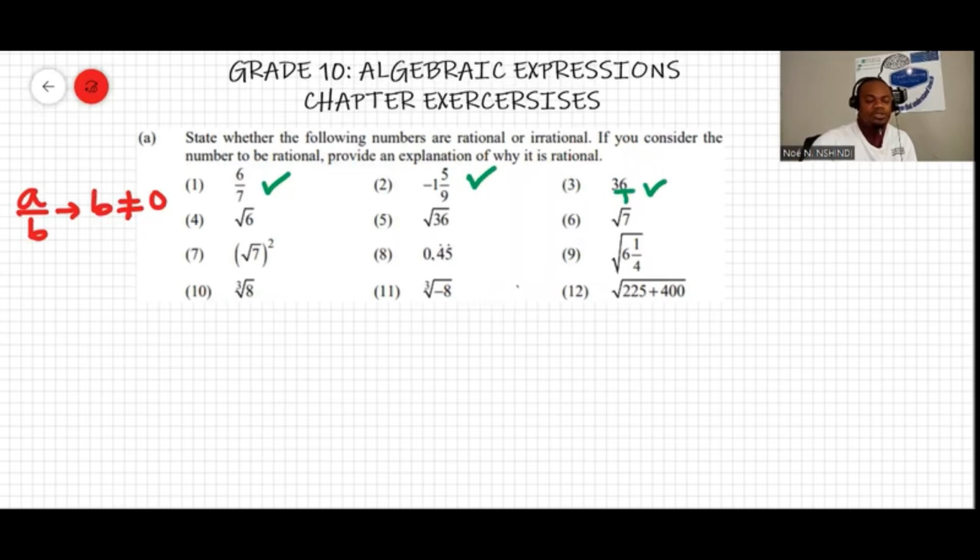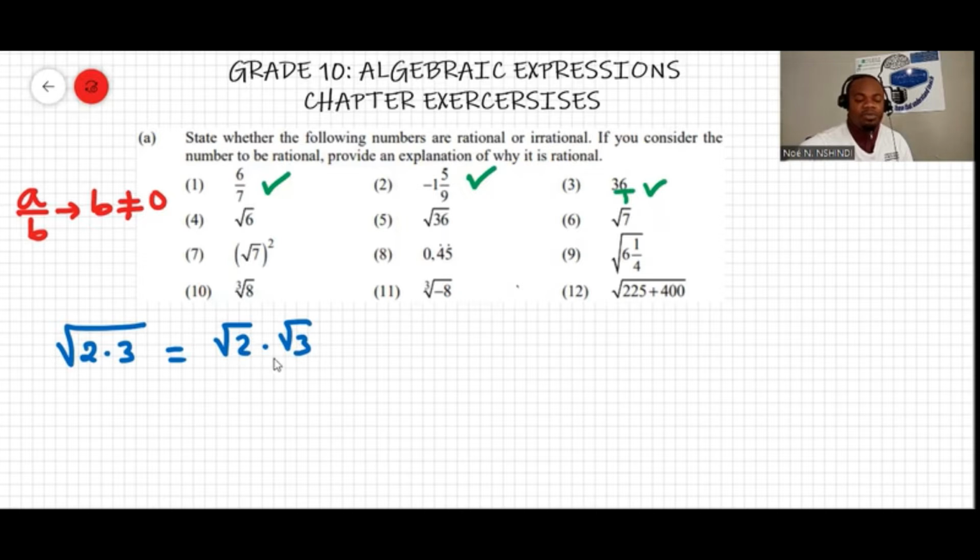The factors of 6 are 2 and 3, so 2 times 3. This can be broken into square root of 2 times square root of 3. So this is a product of two irrational numbers, because 2 and 3 are prime numbers, and the square roots of prime numbers are always irrational. Irrational times irrational must be irrational. So this is not rational, it is irrational.